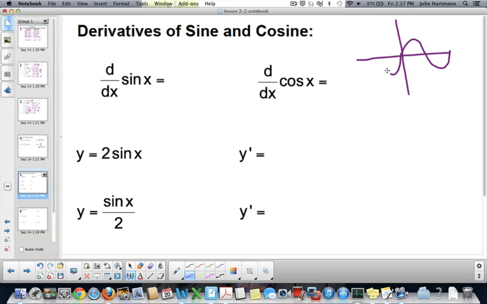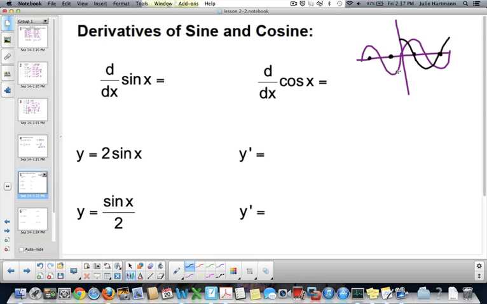Let's see if we can figure out what the derivative is. So in doing this derivative, we know that the derivative here is 0. Here is 0, 0, 0. Right here, this is positive, and then down to 0, and then negative until we get to there, and then it's positive.